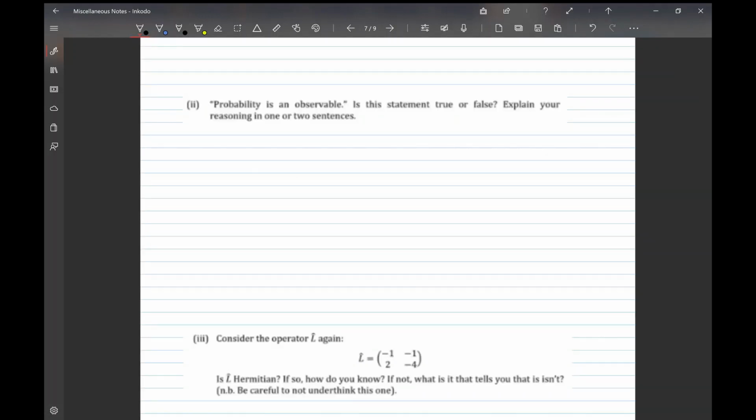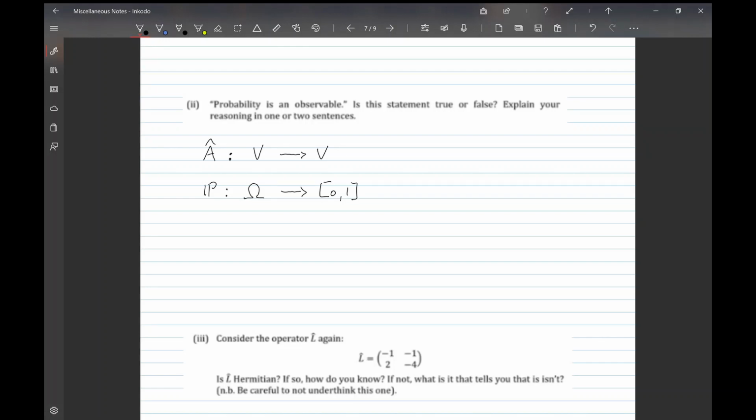So let's go on to question 2 now. Probability is an observable. Is this statement true or false? This statement is false. As we've identified, observables in quantum mechanics are special types of linear operators from special vector spaces. Probability, on the other hand, is a map from some sort of space of events into the closed interval 0, 1.